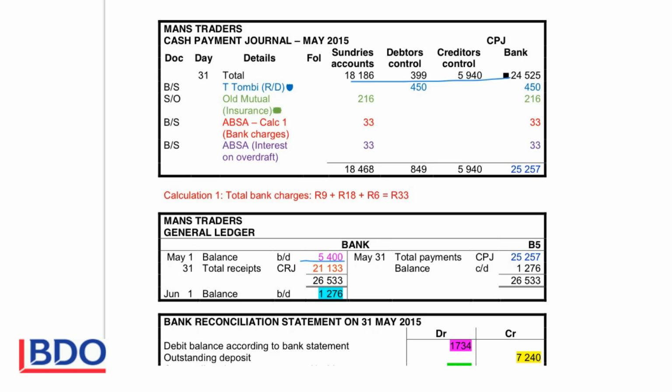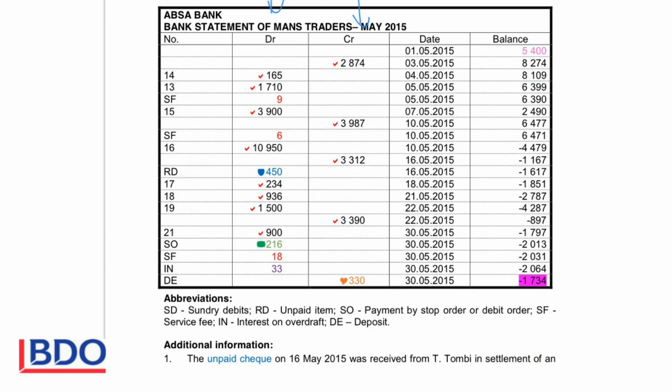Then we will go to the bank statement and determine which entries must still be recorded in the cash receipts or cash payments journal. In the bank statement, we can see that there are service fees of 9 Rand, service fees of 6 Rand, and service fees of 18 Rand. If I add that together, my total service fees are 33 Rand.